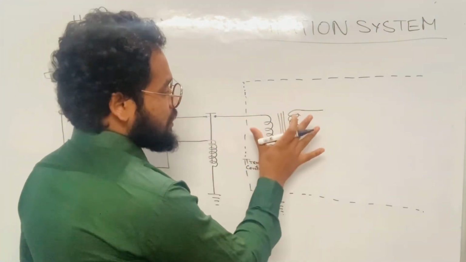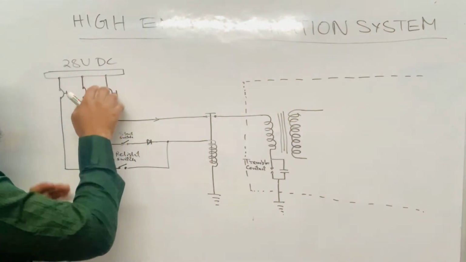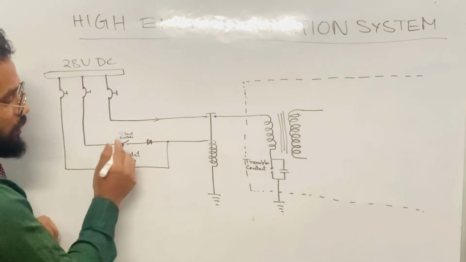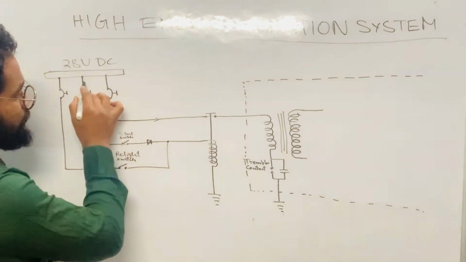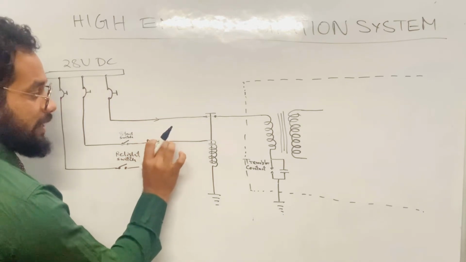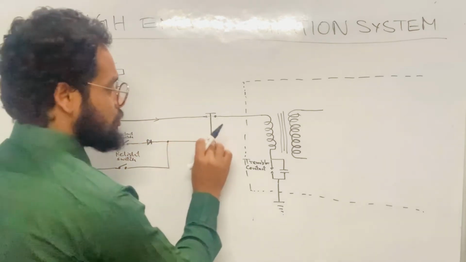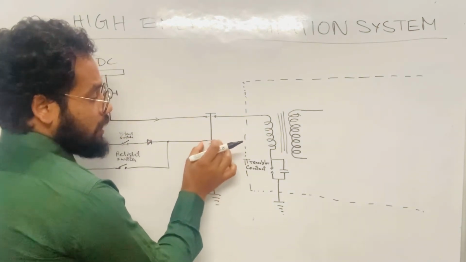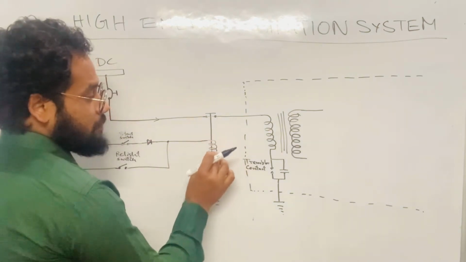So what happens here is, suppose the supply is flowing and this start switch is closed. When this start switch is closed, current will flow from here by means of this diode. It will be rectified and that particular DC current, pure DC, will be given to this coil. When pure DC is given to this coil, it gets energized and produces a magnetic field.